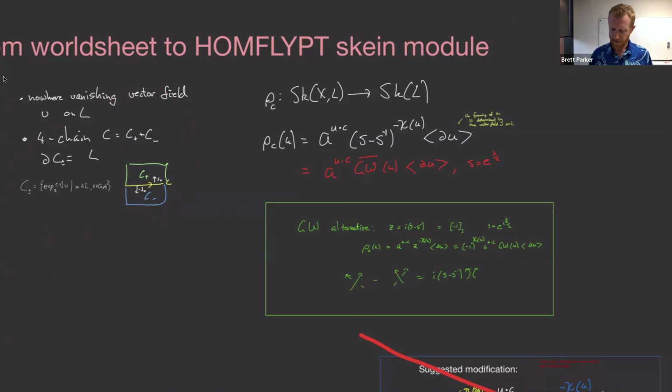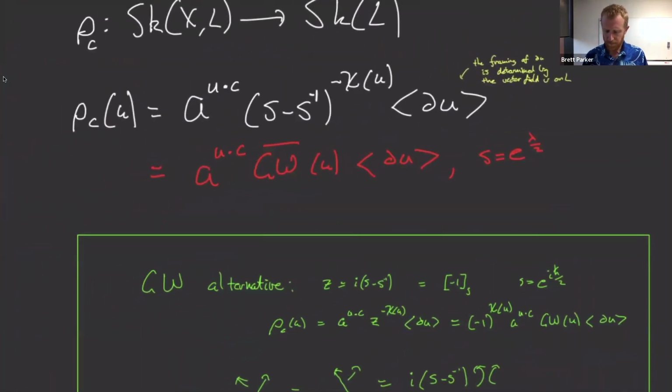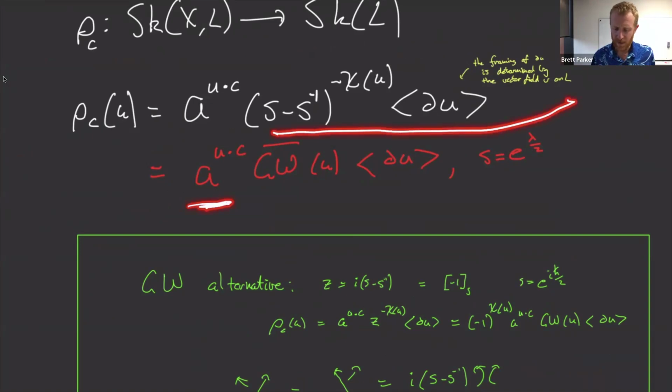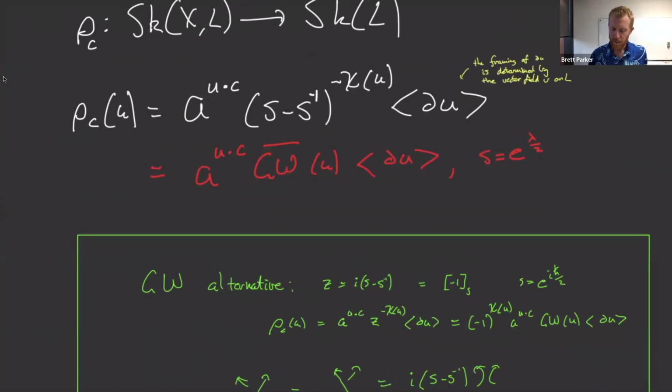Okay, so I'm going to suggest that. This is something that you use for Baire curves, but to relate Baire curves to Gromov-Witten invariants, the Baire curve count I can replace with that anti-holomorphic Gromov-Witten count, where S is e to the lambda over 2, where lambda is the string coupling constant in this case.